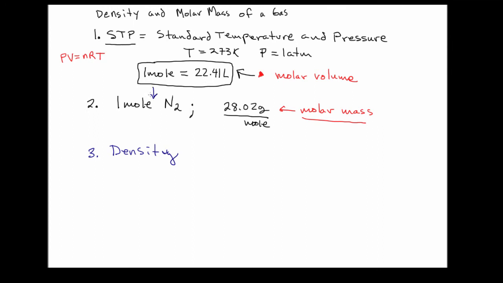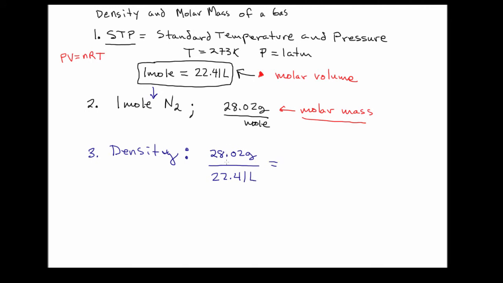and we take this a step further and say, okay, we have 1 mole of nitrogen gas, then we can figure out the density of this gas simply by taking the 1 mole of nitrogen and realizing that's equal to 28.02 grams, and at STP, the same mole of this gas is going to be in 22.41 liters.